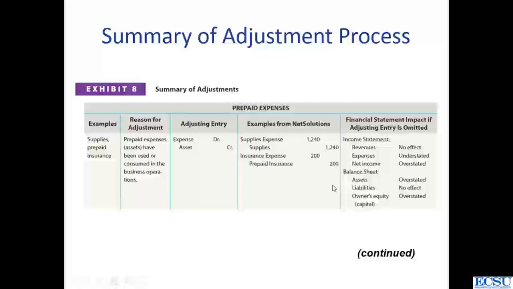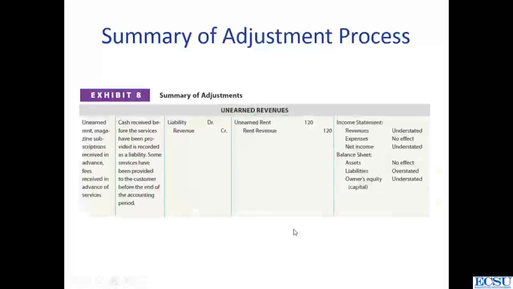And in the balance sheet, if you do not adjust these entries, then your asset would be overstated because you won't reduce the asset and it will remain as such. And therefore, the owner's equity will also be overstated simply because the net income was overstated. And you know that net income percolates down to the owner's equity account.